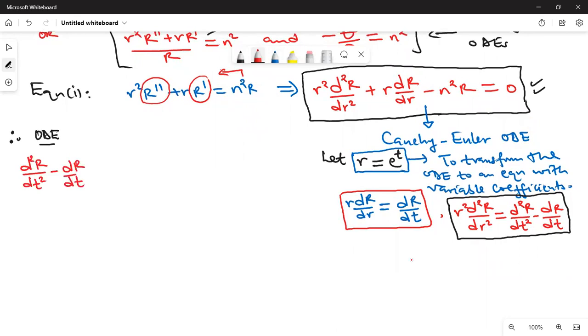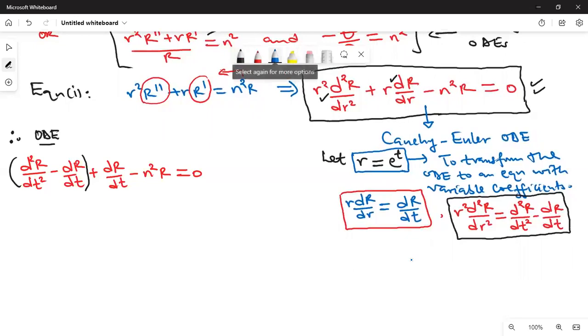Then the other one is plus dr dt, and then negative n squared r is equal to 0. So this was the first term, and the other dr dt is for this second term.